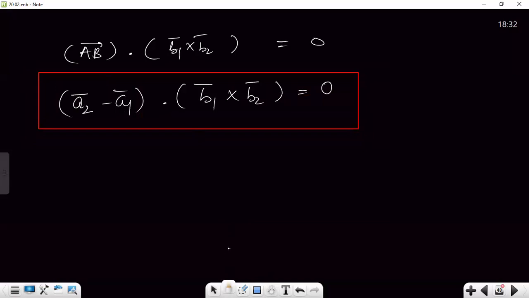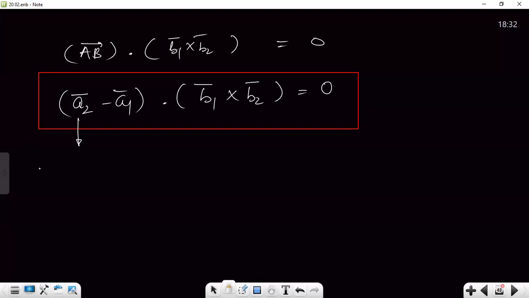Remember, let's explain what a2 is. a2 vector is the position vector of the point that is there on line 2.